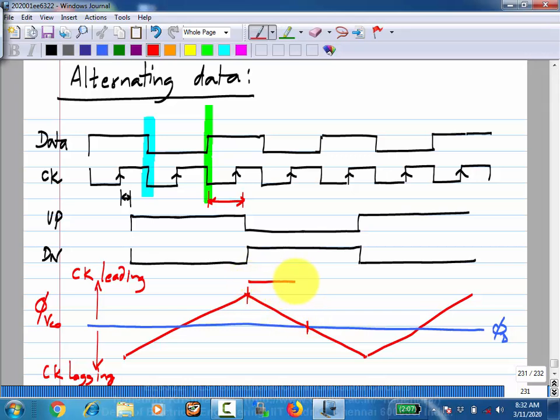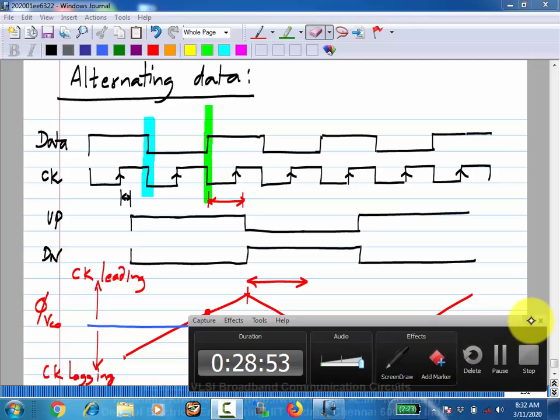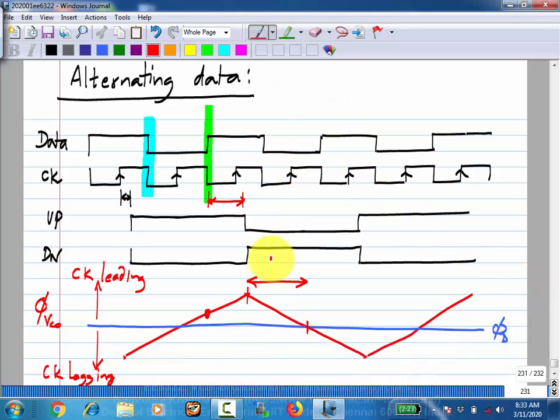So this is where you have an up, and this is in response to, maybe let me write it like this. Oh sorry, this is where you have it down. Let me correct this. So in this period, you have down, and this is in response to something that happened a little more than half a cycle ago. So that seems fine.